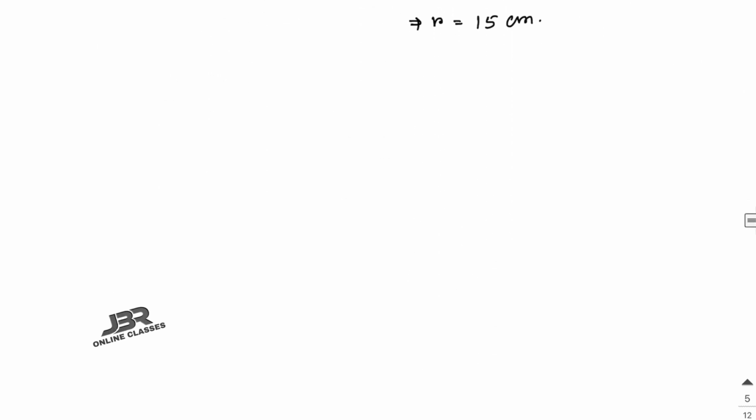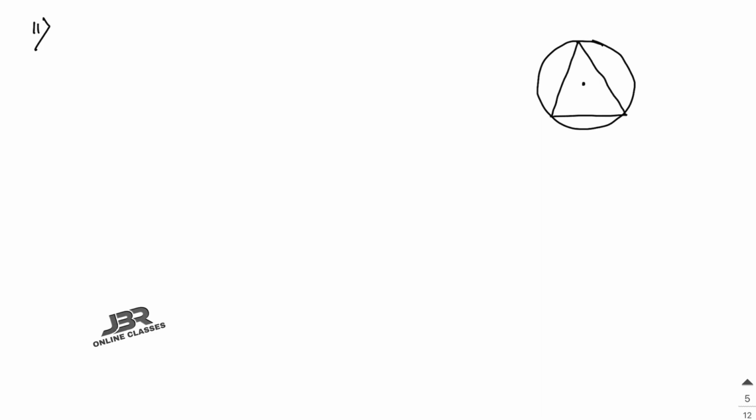Now next one, sum number 11. In 11, an equilateral triangle of side 6 centimeter is inscribed in a circle. Find the radius of the circle. Same type of problem. Here is a circle, and it's an equilateral triangle, that means each and every side is 6 centimeter.